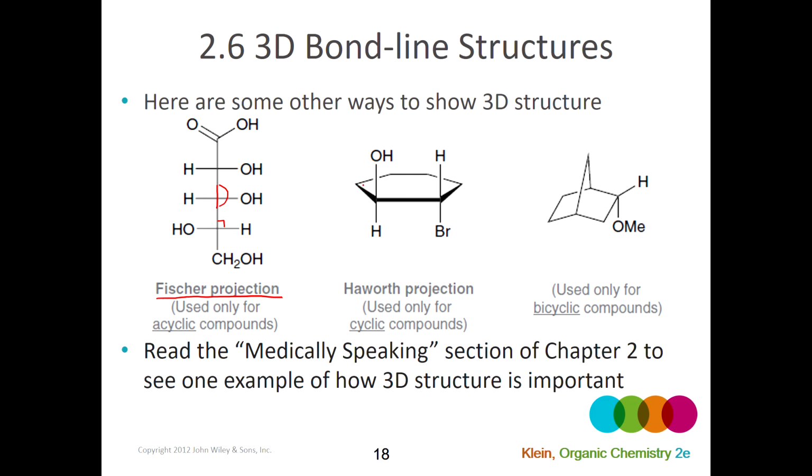So these groups here, you could also show with dashes to show that they're pointing away and that the solid part is pointing out at you. So it's like taking the structure on the previous slide and rotating it in space 90 degrees. So now instead of the ring being in the plane of the paper, it's rotated, sticking out of the paper at me. And this is another way of showing this bicyclic structure.